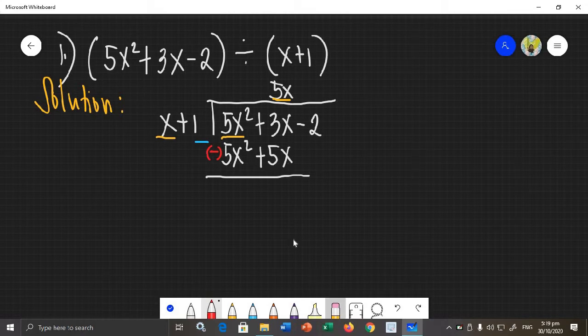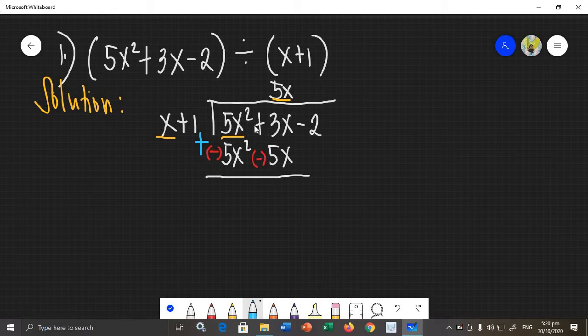Si 5x, magiging negative din siya. Kaya red yung pinangsulat ko, para indication na we change the signs. And then, sabi sa rule, magiging biglang addition. Ganun yung rule pag nag-subtract ng integers.